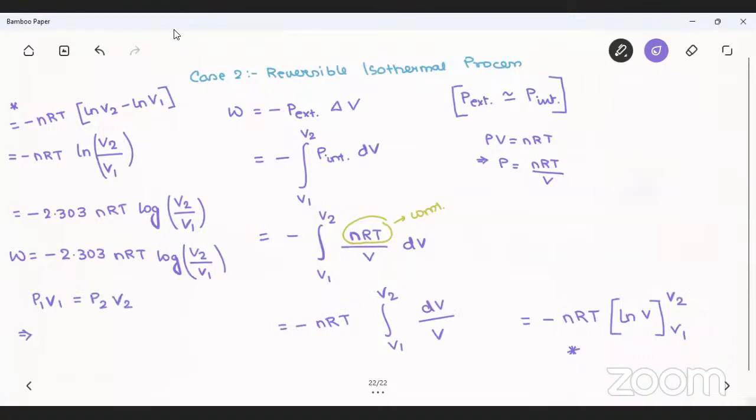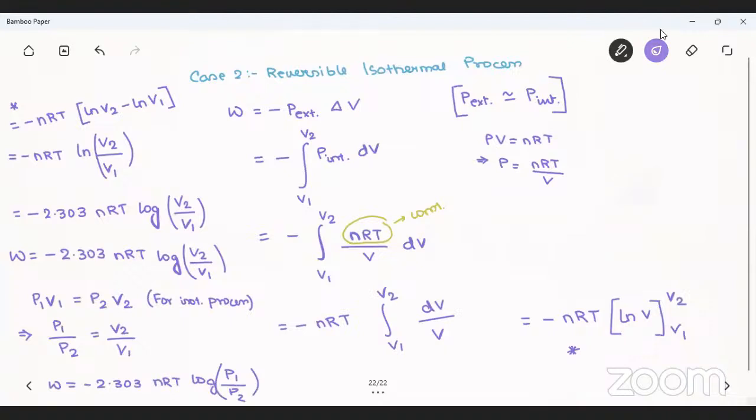So P1 by P2 is equal to V2 by V1. So this same formula can be written as minus 2.303 nRT log of P1 by P2.